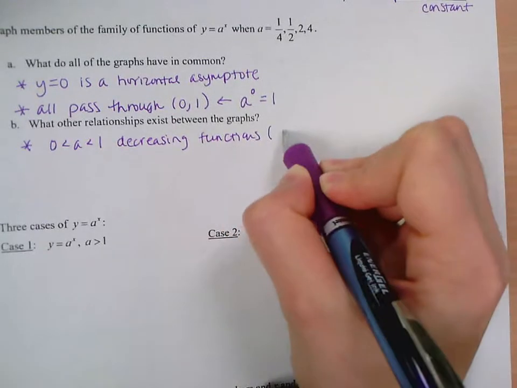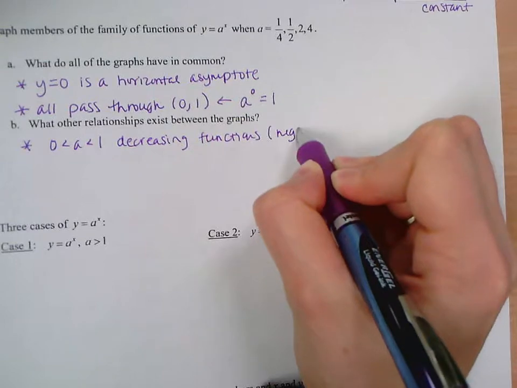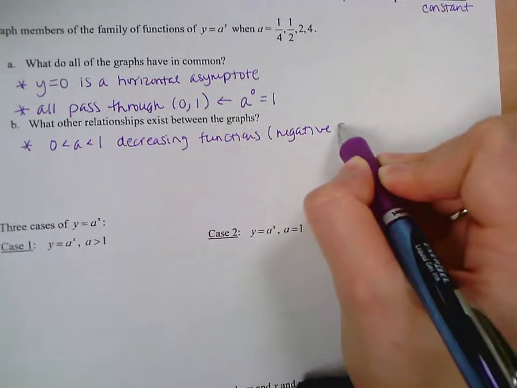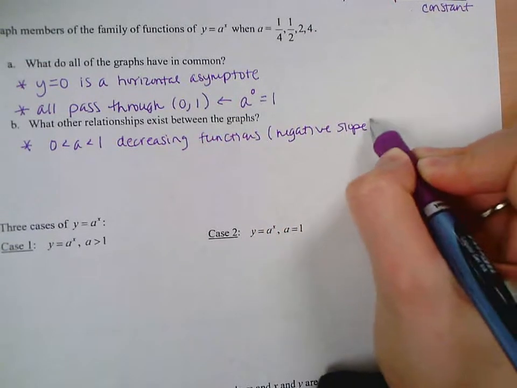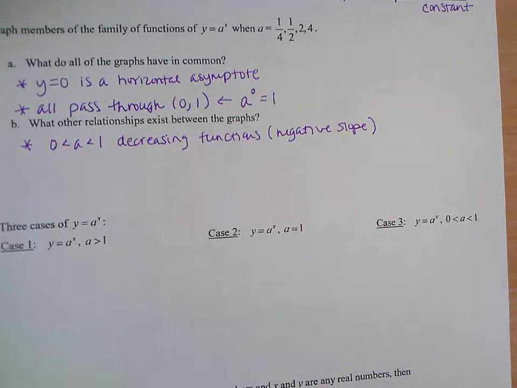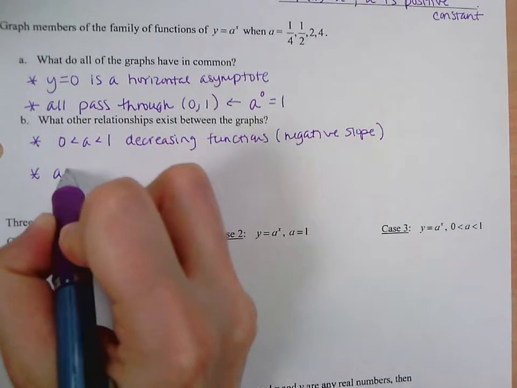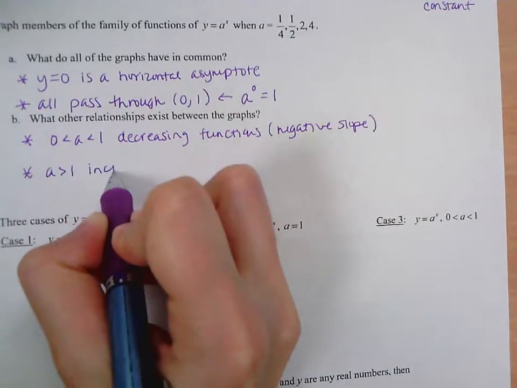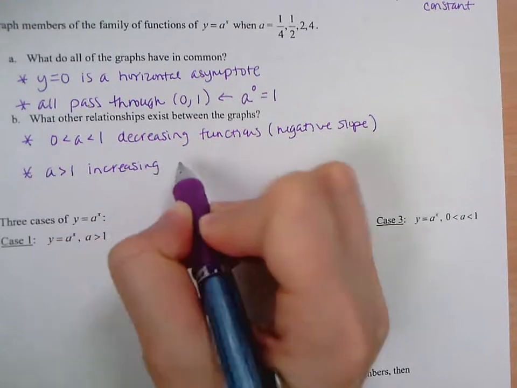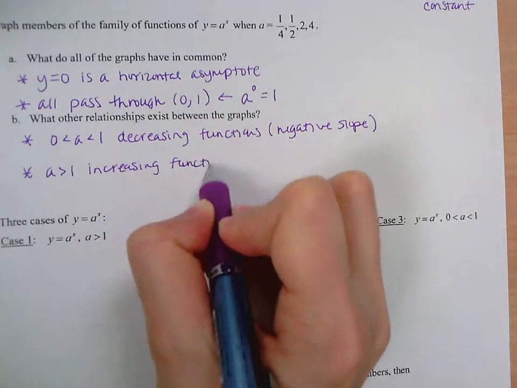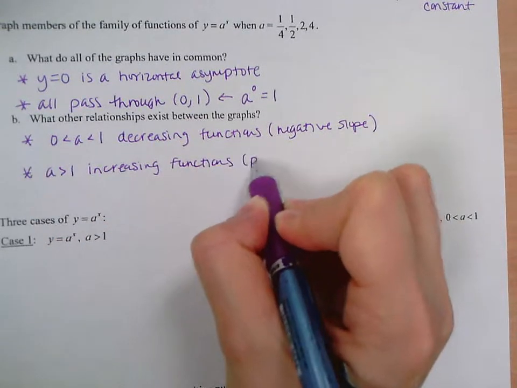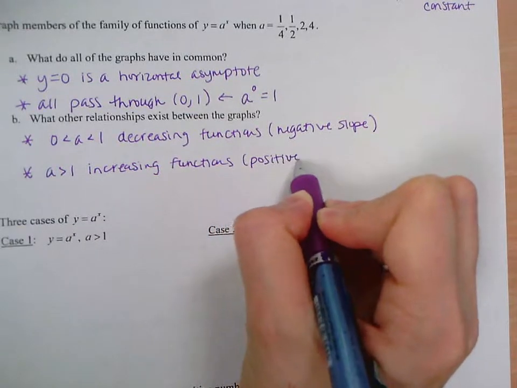It does mean, though, when we get into talking more about slopes, that it does have a negative slope. So we talk about curves having slopes, not just lines having slopes. And then A values that are greater than 1 are increasing functions, or have positive slopes.